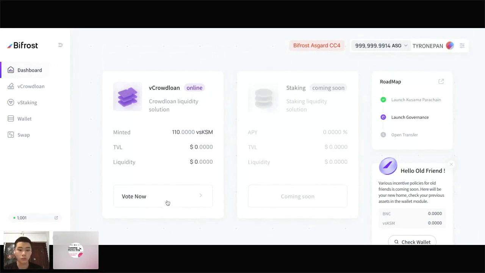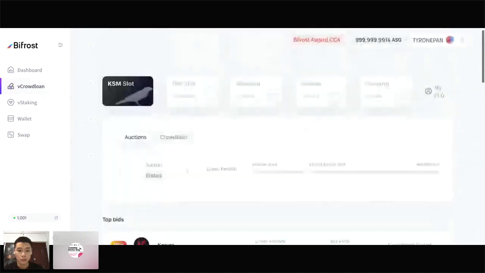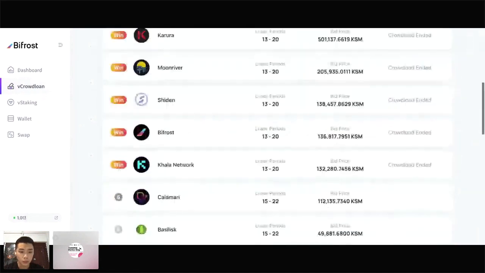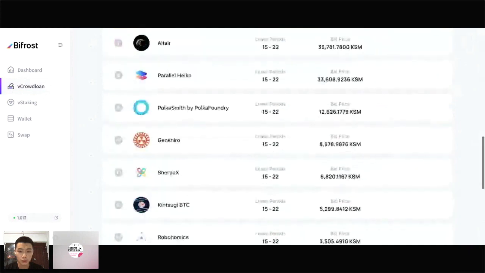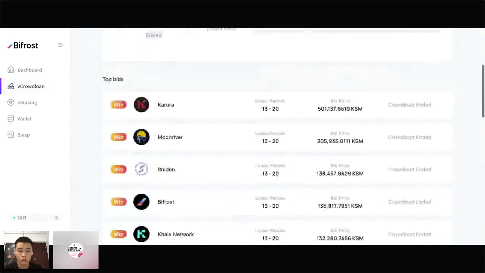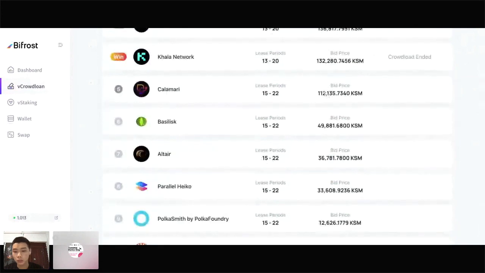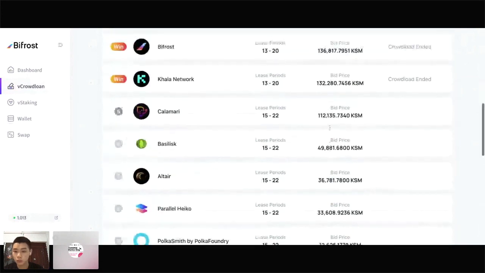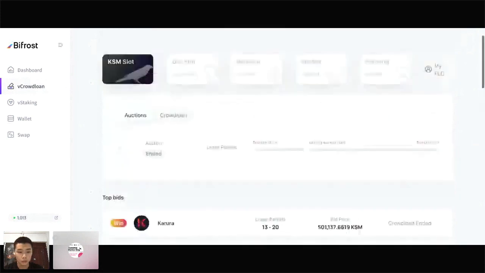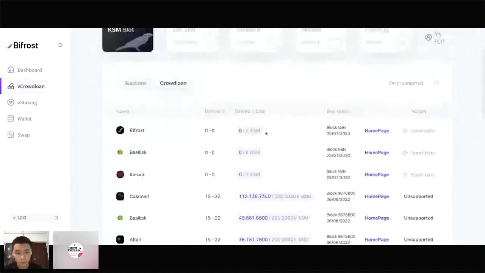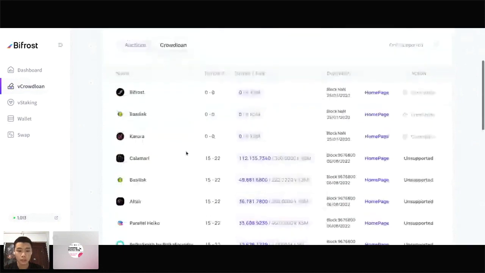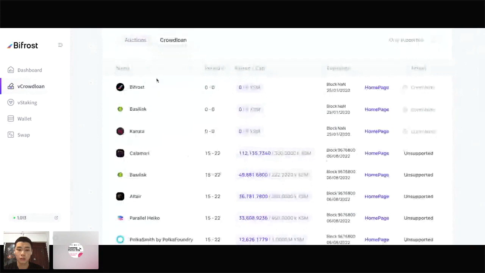So let's go vote for the Crowdloan, right? On the first page, we can see some Crowdloan projects and parachains, and their live data can be displayed here. If we join the auction, we can see the list of parachains. Actually, they are doing the Crowdloan.